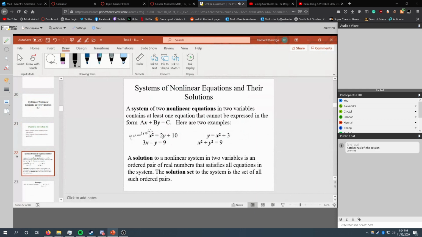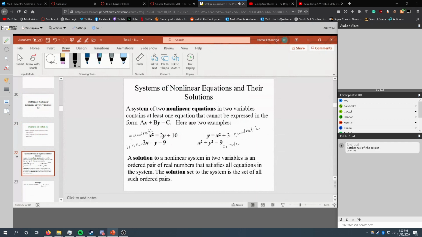So anytime you see an x squared and a y to the first power, it's going to be quadratic. Now this is a line, so this is linear. This is quadratic. And this is a circle. So anytime you see x squared, y squared, you're going to be graphing a circle.